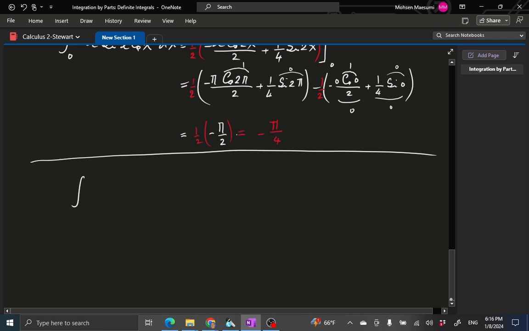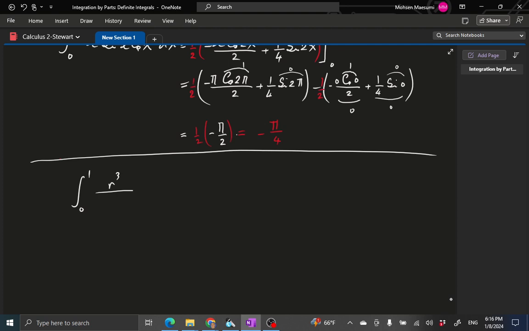So here the example: integral from 0 to 1 of r cubed over square root of 4 plus r squared dr. The main issue here is how to detect u and dv, or f and g prime, and so on. So again, there are many ways of breaking this into two pieces. What is the method to go through?